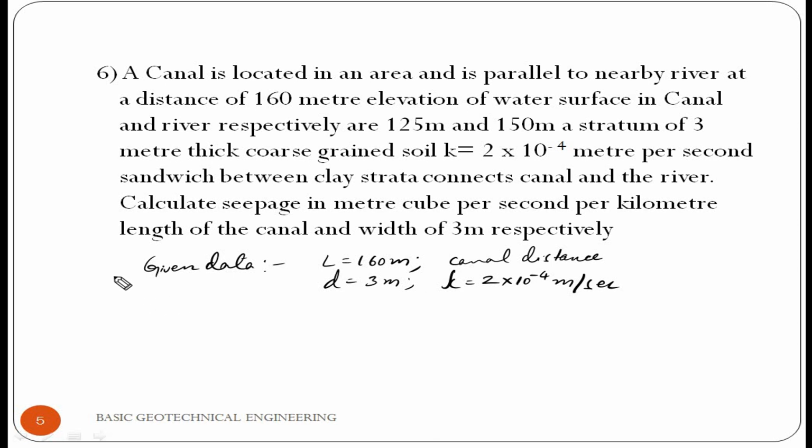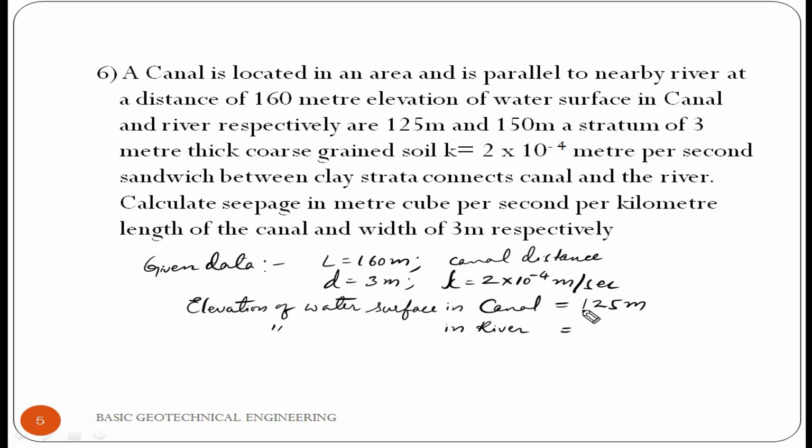So the elevation of water surface in canal is given as 125 meter, whereas the elevation of water surface in river is 150 meter.